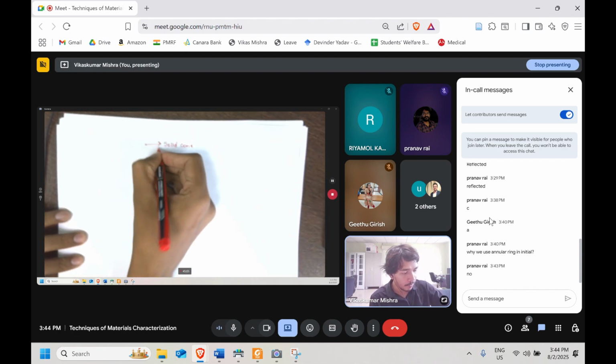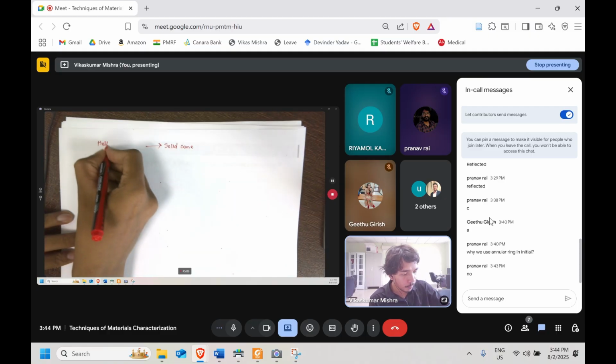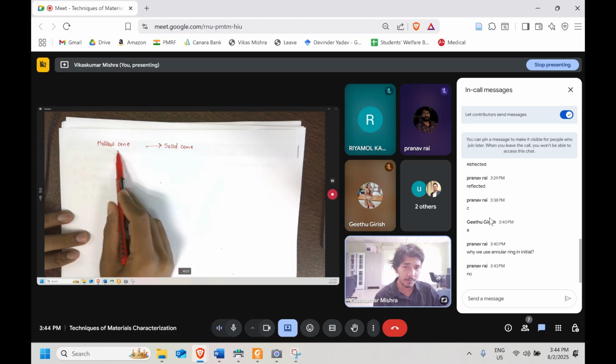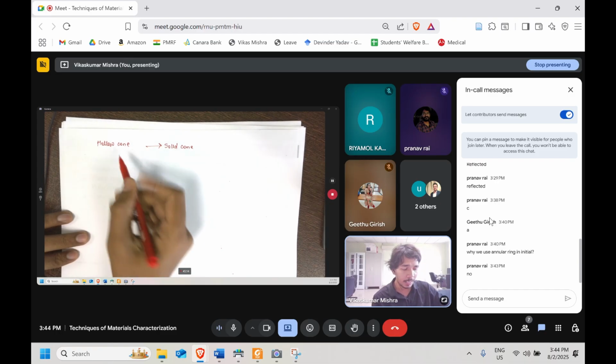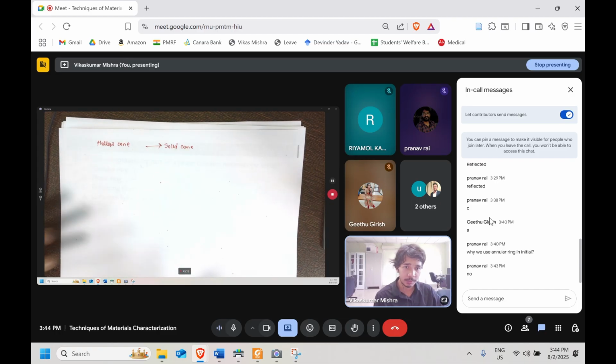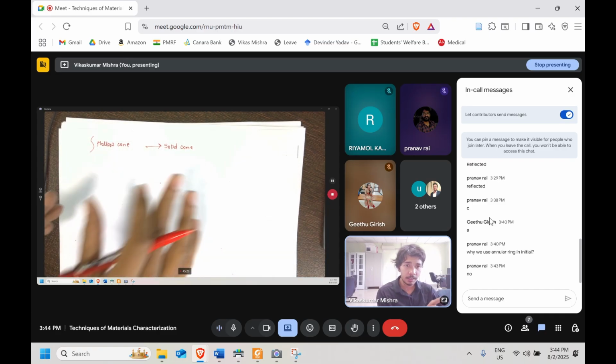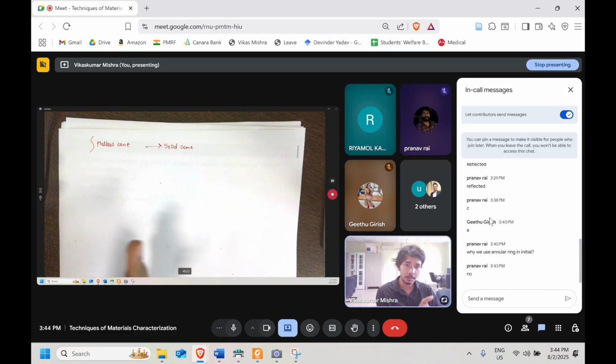Can we say that if I have a hollow cone and I integrate that, I can make the solid cone? Is it true? If I integrate this, we can make a solid cone. So we can say that the solid cone is nothing but an integration of hollow cones, right?